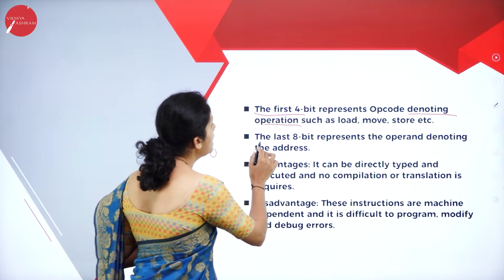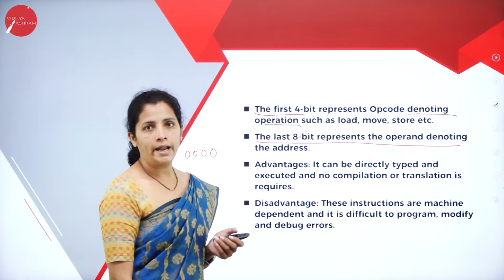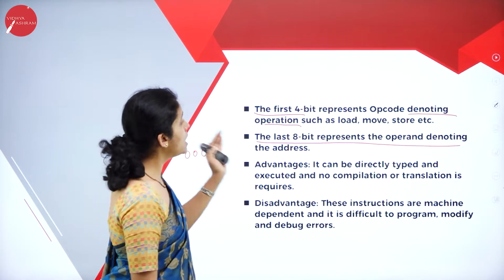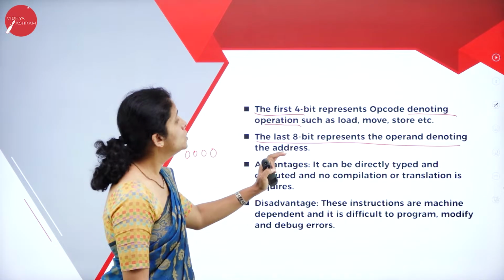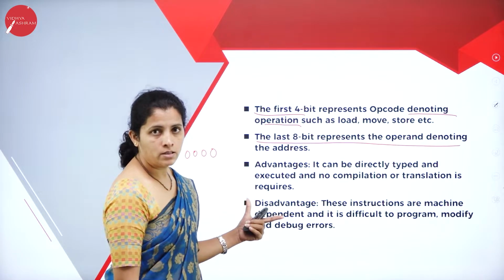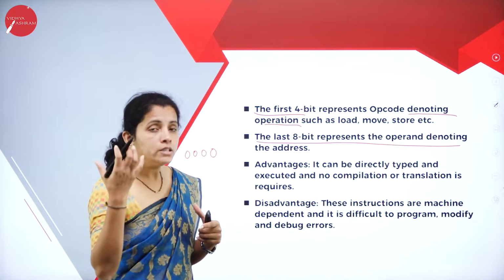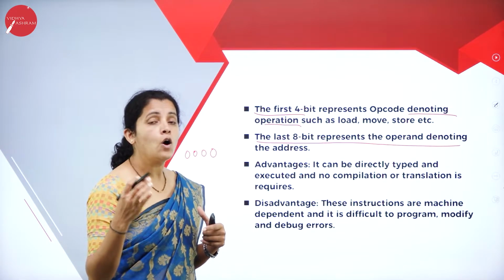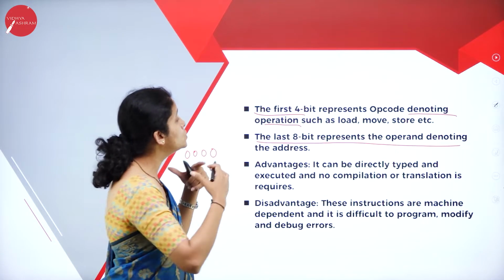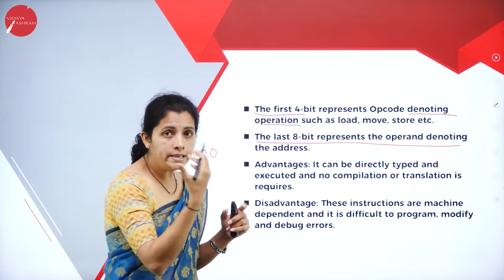And the last 8 bits represent the operand, denoting the address. Now tell me why I require an address here. Dear student, we know that all the data are stored in the computer memory. Now I want to access the data.